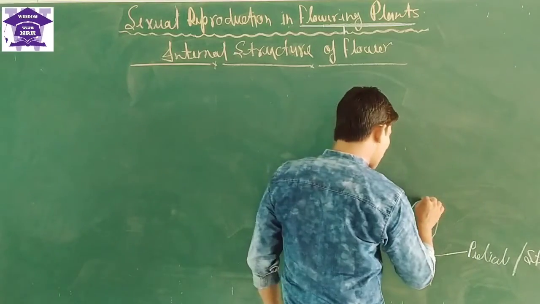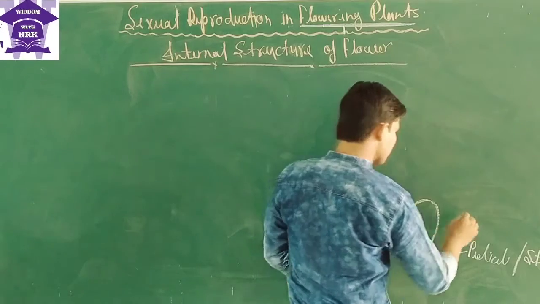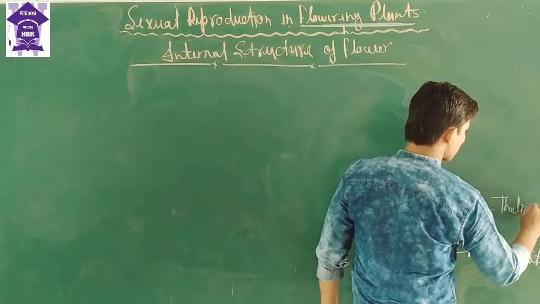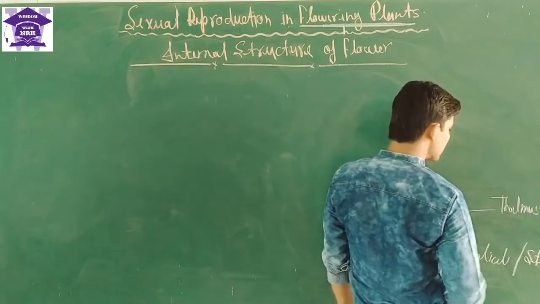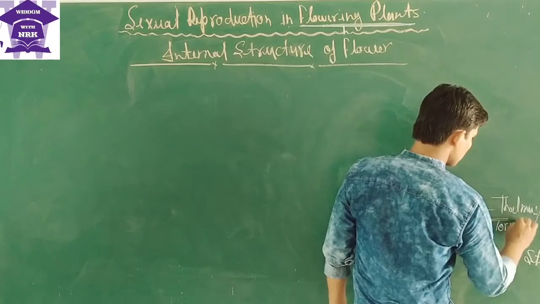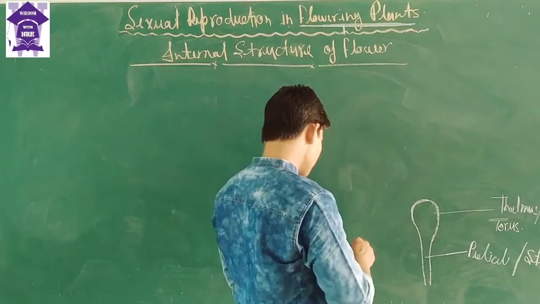And this swollen part, students, is known as the thalamus. It is also known as the torus: thalamus or torus.